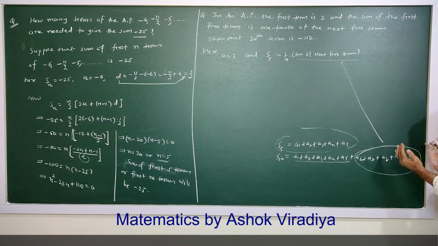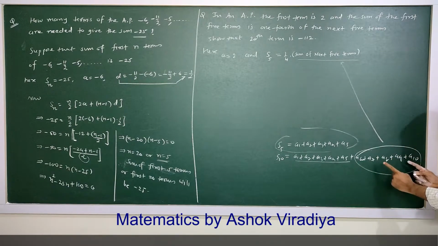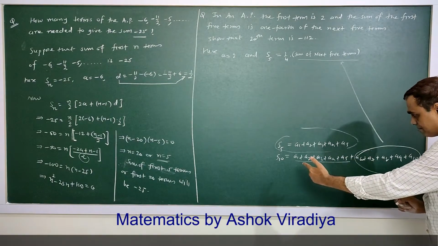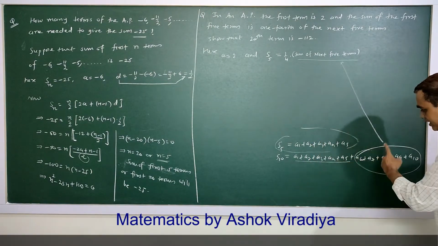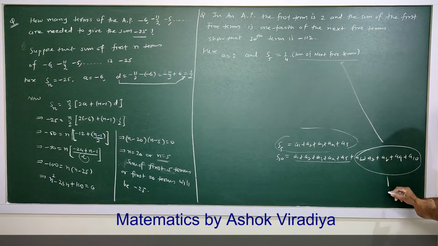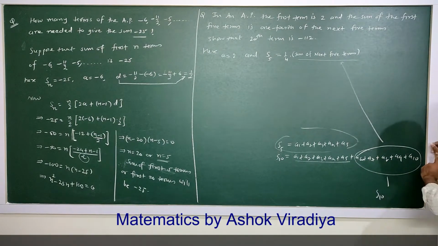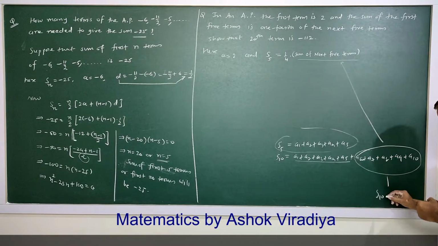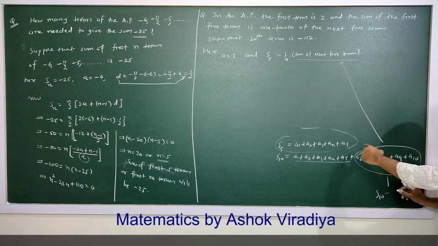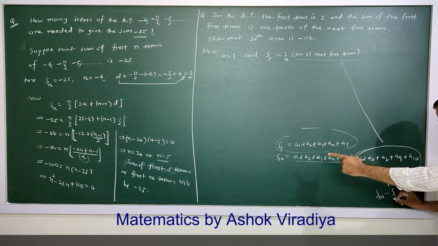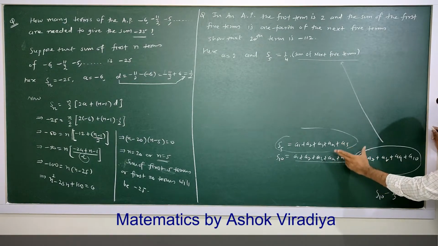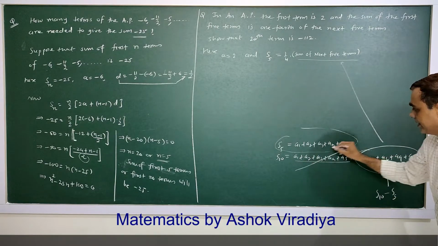How can the sum of the next 5 terms be defined? It can be defined as S10 minus S5. S10 is the sum of the first 10 terms, and if you subtract the sum of the first 5 terms, the first 5 terms are deleted.